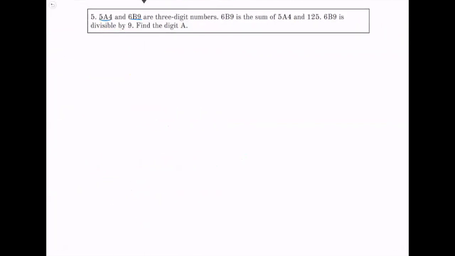5a4 and 6b9 are 3-digit integers. 6b9 is 5a4 plus 125, and 6b9 is also divisible by 9. Find the value of a. Okay, let's see what 6b9 is. When will 6b9 be divisible by 9?